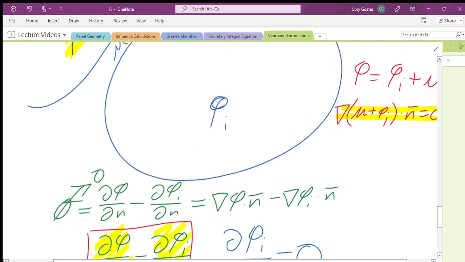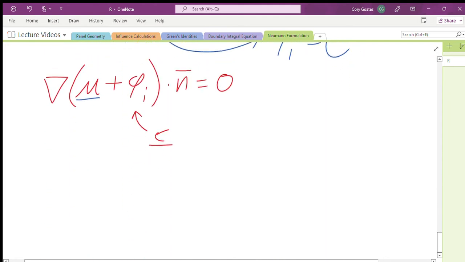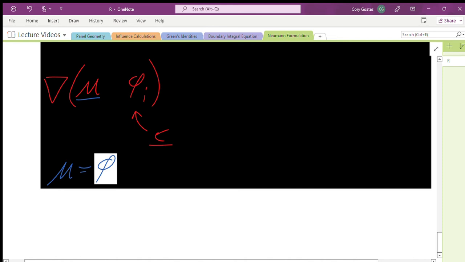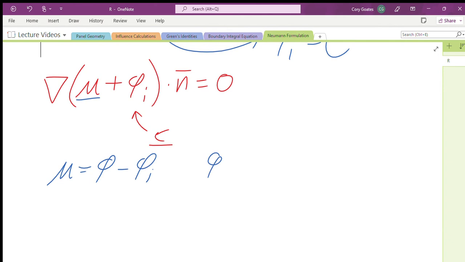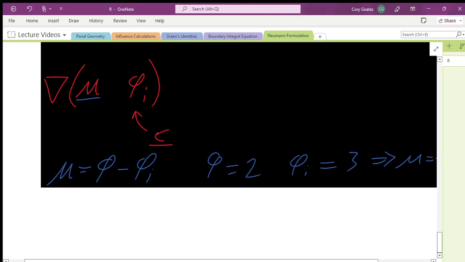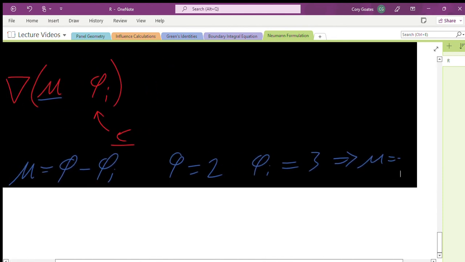And so, recalling that mu is equal to phi minus phi sub I, well, let's say that phi, our true solution, is 2, and phi sub I is 3, then that means that mu is negative 1.